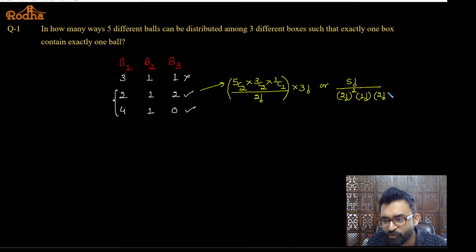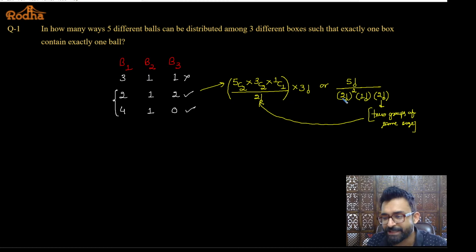Because the size of the groups is the same, that's why we divide by 2 factorial. This 2 factorial is also divided because 2 groups have the same size, and their size has no importance here.